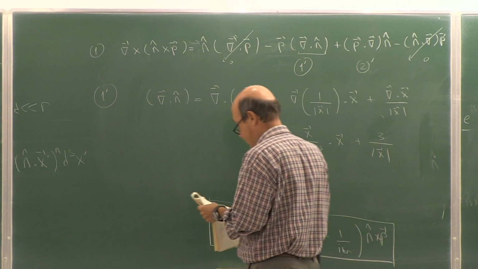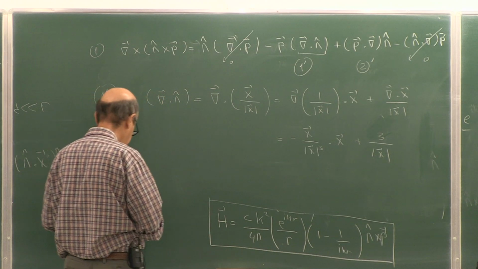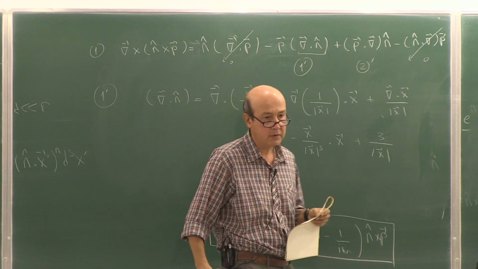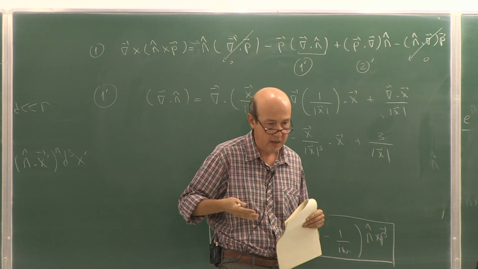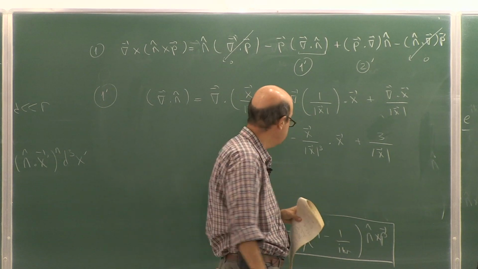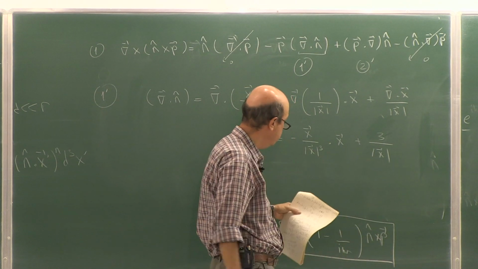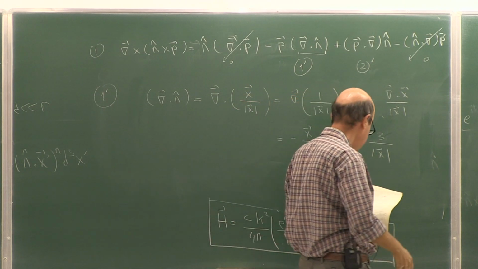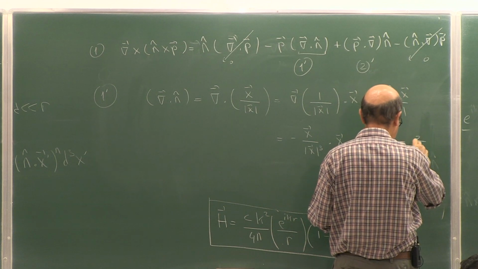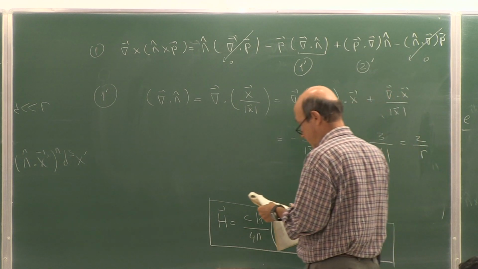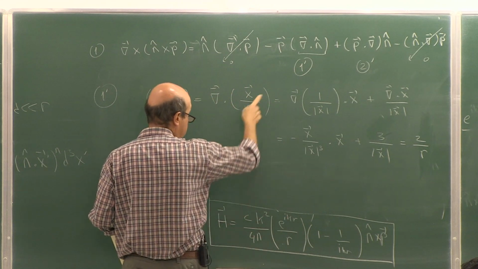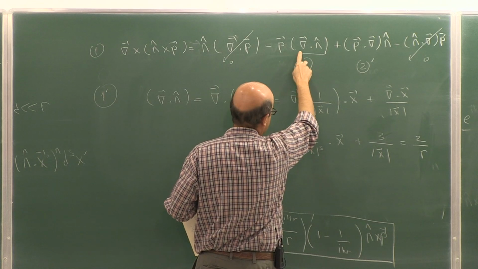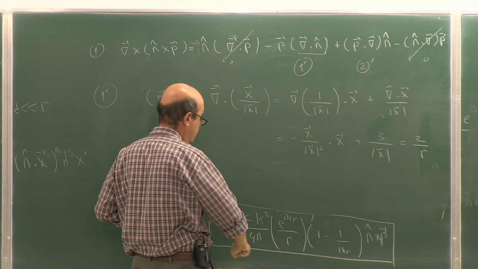The x magnitude is at the same time r, so this is minus 1 over r, plus 3 over r, and all together that is nothing but 2 over r. So this is the contribution of the first term, 2 over r along the electric dipole moment.